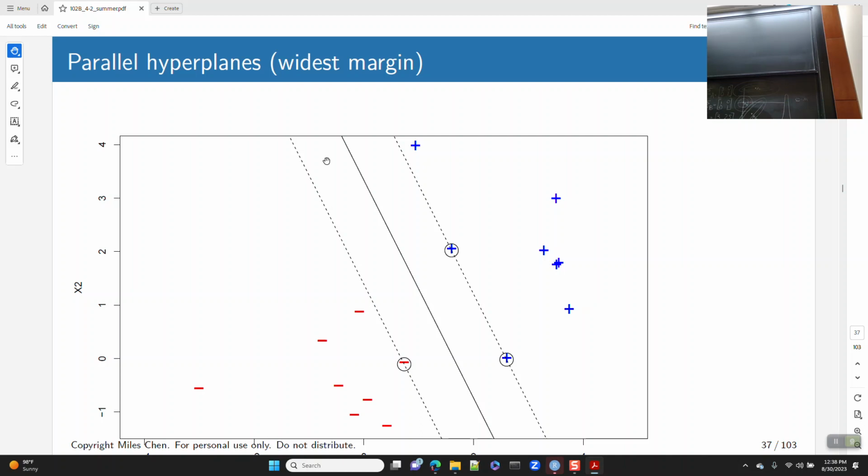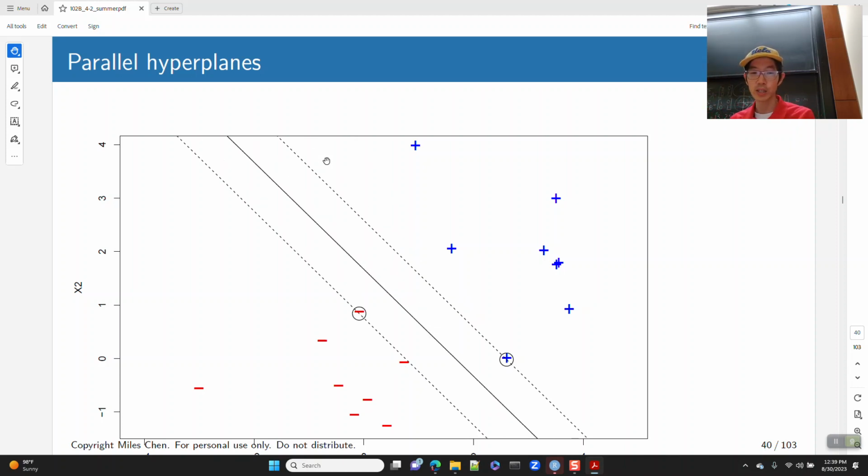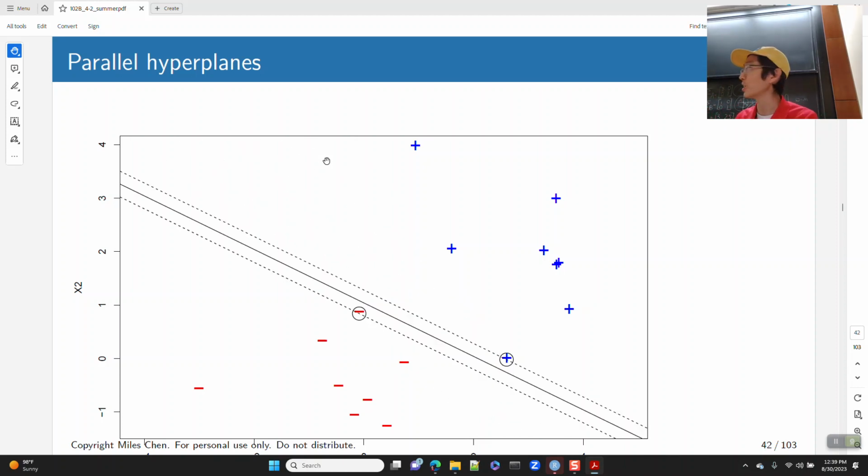Are any of the other margins as big? This one's also pretty good, but if you measure the perpendicular distance, it's a little bit less than what I've chosen. And you can also draw a line as extreme as this, but we can see clearly that margin is much more narrow, right?